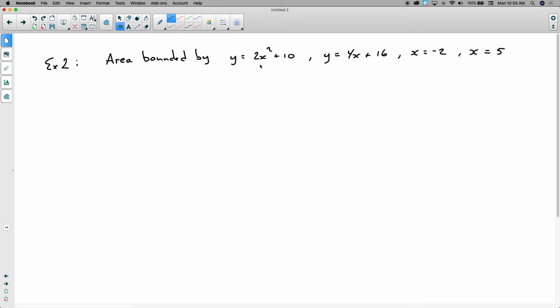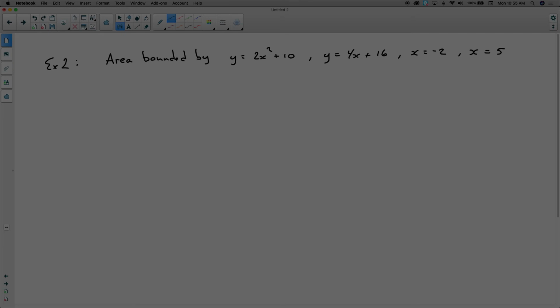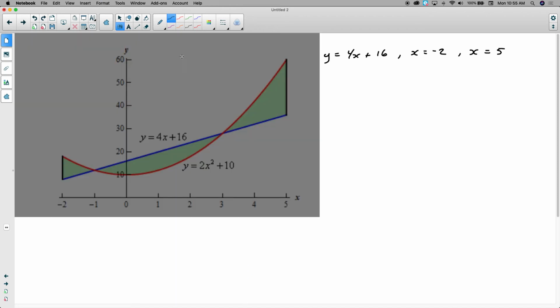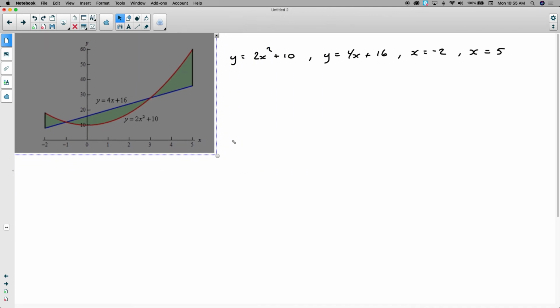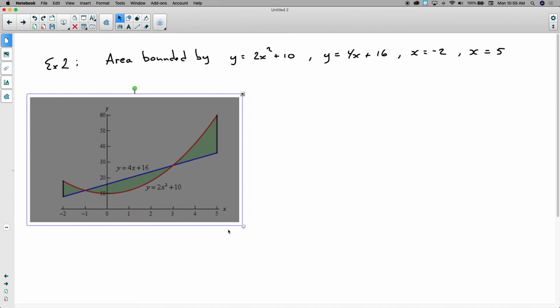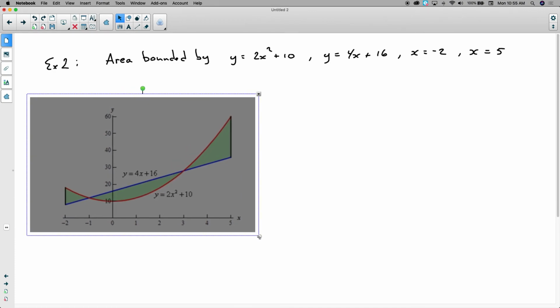Okay, so we have the parabola, we have the line, we have the wall and the wall, and you can certainly do this by hand, but I have the visual on this already prepared. So here comes that visual. And the reason that I'm working this example is, of course, because we have 3 sections to consider.